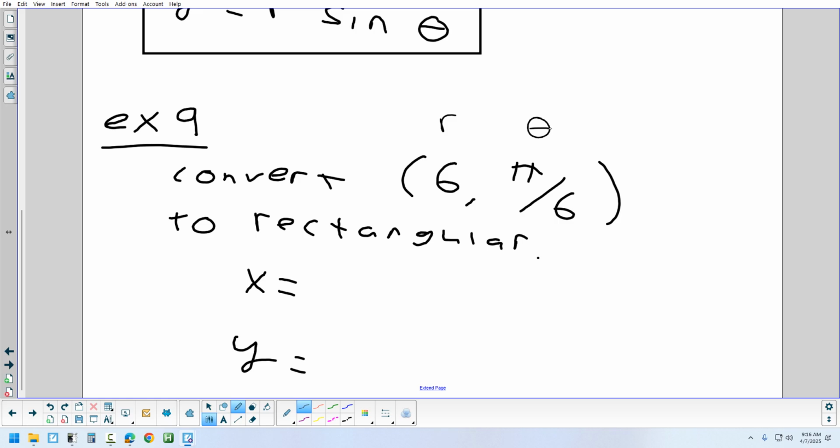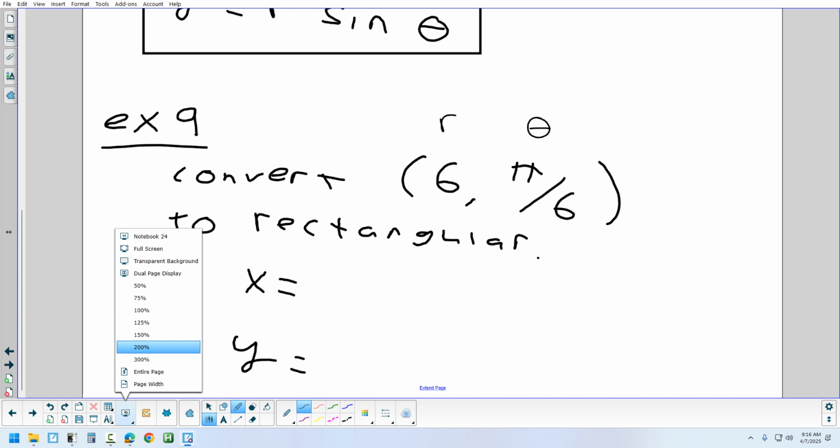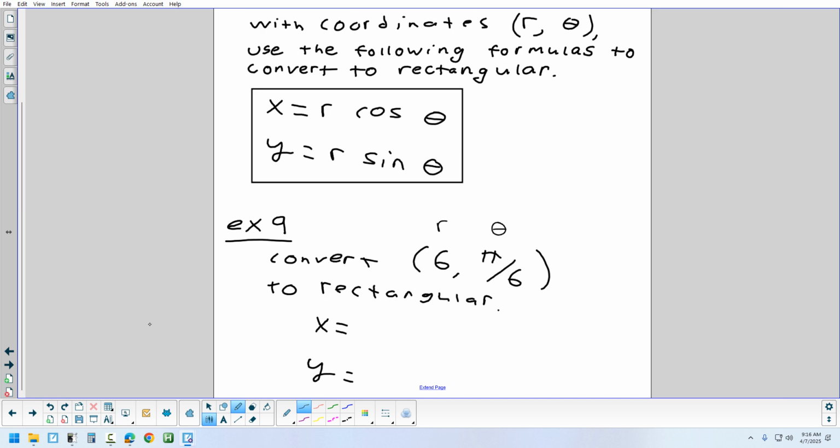Okay, let's start by filling those two numbers into the formula. Okay, without doing anything out yet, what's going to be my calculation to find x using the two numbers in our problem in the formula up above? R cosine angle.